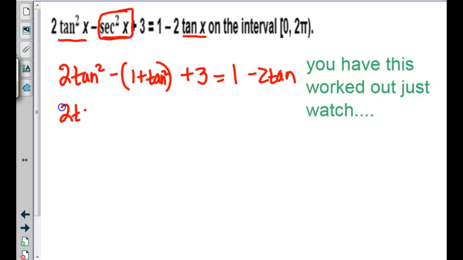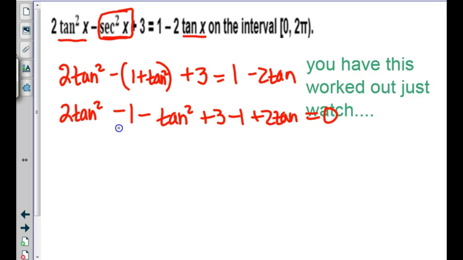Now, I'm going to do some maneuvering here. Let's see if I distribute this negative. I'm going to subtract these over to the other side, add the 2 tan over to the other side. So now if I combine like terms, I have a -1, a plus 3, and a -1. What does that make? Positive 1, right? And I have a 2 tan squared. It's an x, sorry, not a theta. Oh, there was a minus tan squared right here.